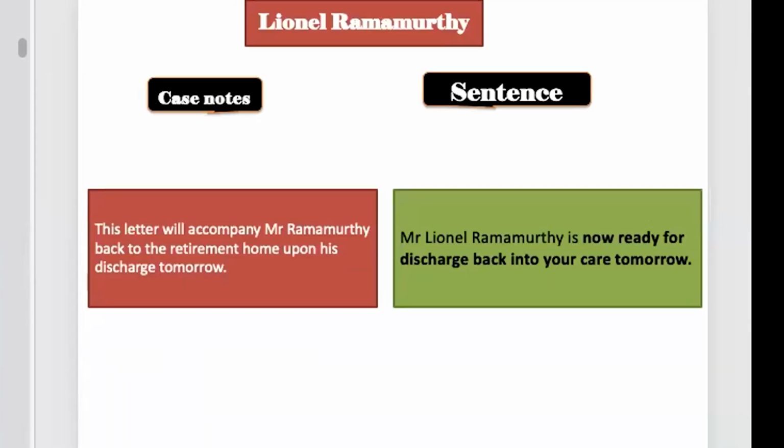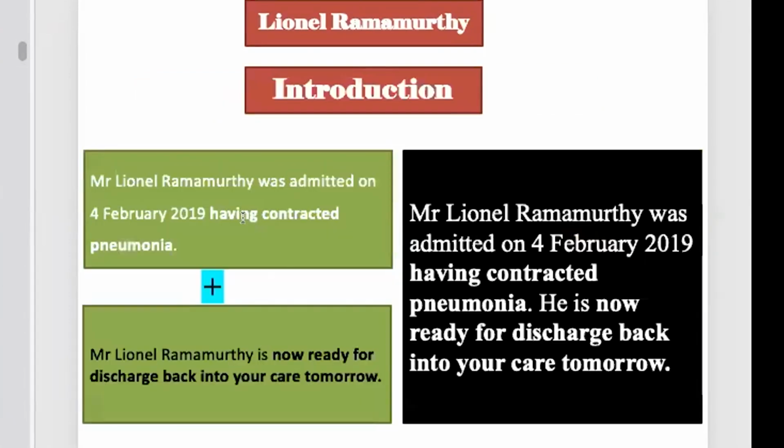Okay, so here, see, the case note says this letter will accompany Mr. Ramamurthy back to the retirement home upon his discharge tomorrow. Mr. Lionel Ramamurthy is now ready for discharge back into your care tomorrow. Okay, you can paraphrase. Here you see, Mr. Lionel Ramamurthy was admitted on 4th February 2019, having contracted pneumonia.